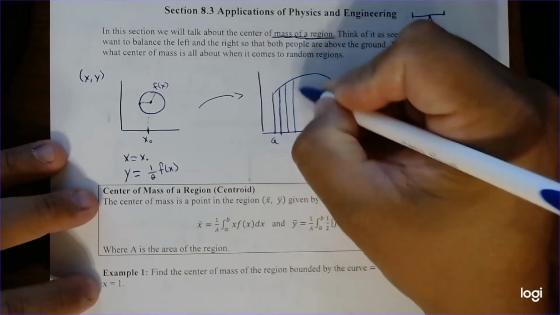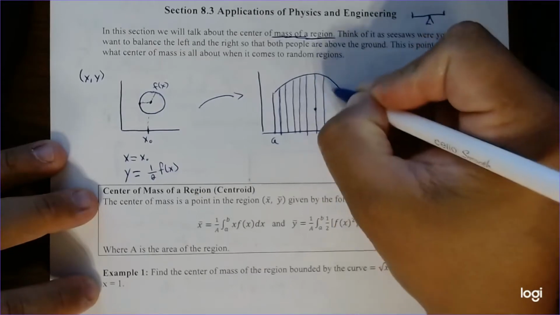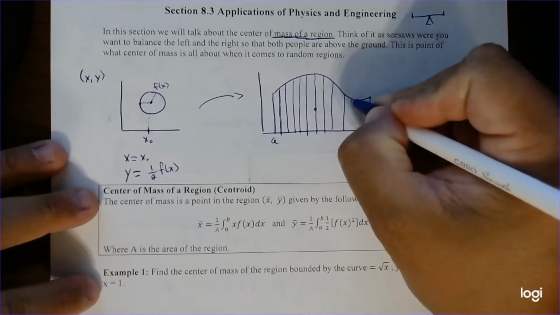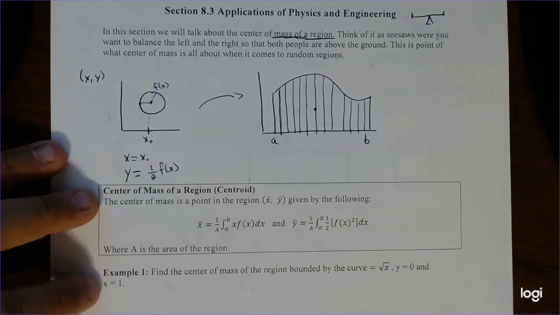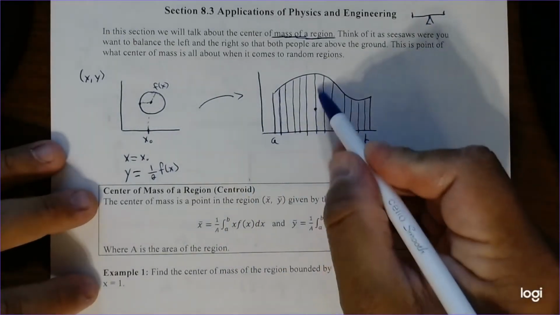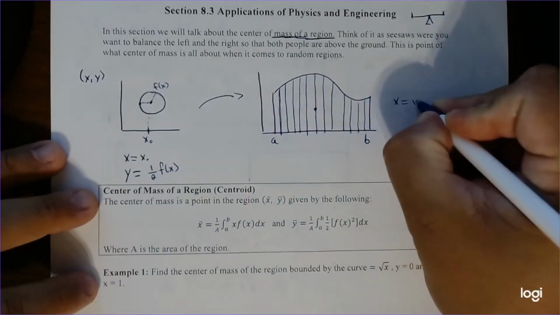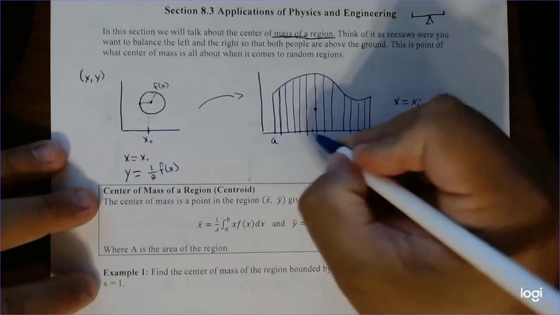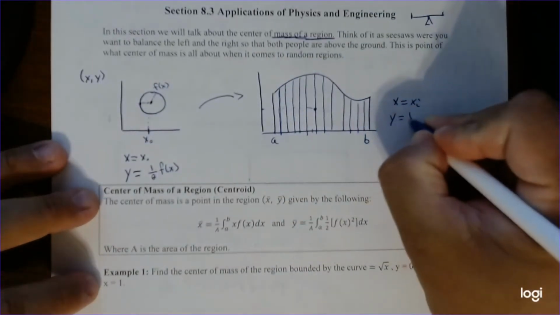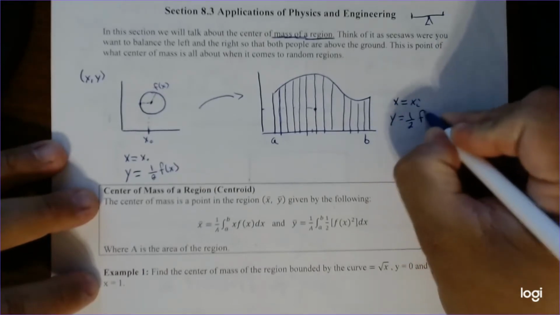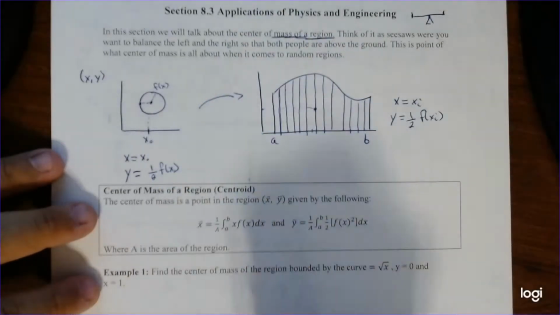I know there is some rectangle that has the center of mass, containing that particular point, somewhere in the interior or very close to the line. That point is going to be some x sub i, and the y value is also 1/2 of f of x sub i, if we plug in that initial value, just like we did over here.